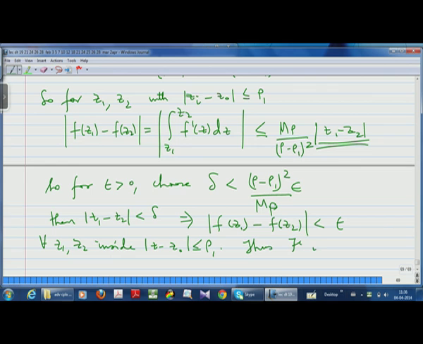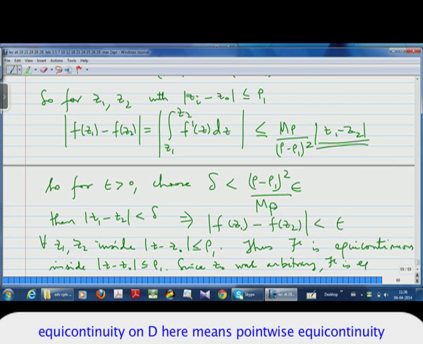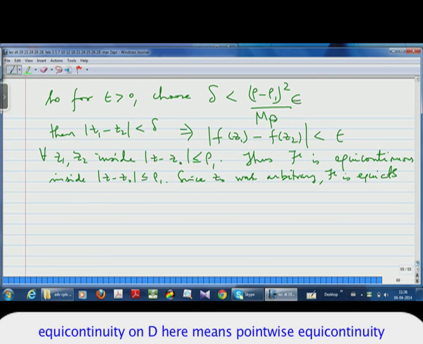So thus script f is equicontinuous inside mod z minus z0 in the smaller closed disk. Since z0 was arbitrary, script f is equicontinuous on D. So I am writing EQCTS for equicontinuous on D.